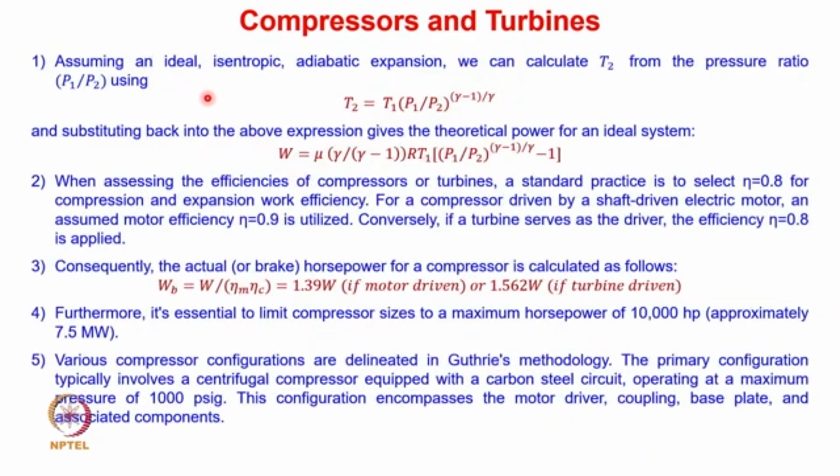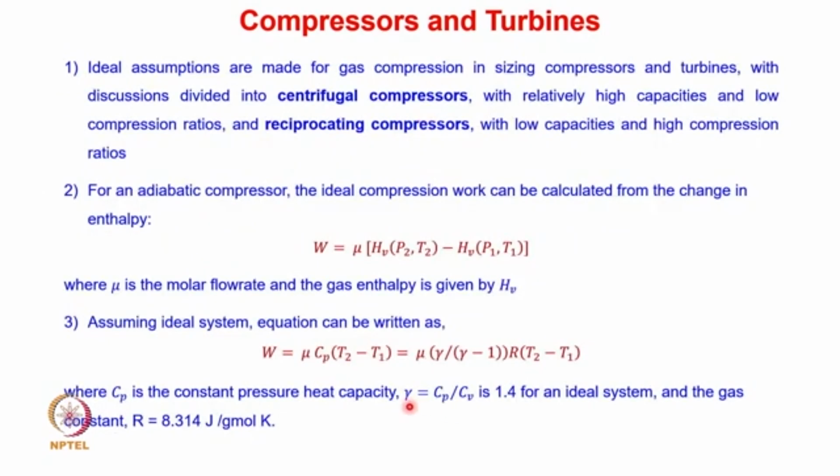Assuming ideal isentropic adiabatic expansion, we can calculate the temperature T2 from the pressure ratio using this equation: T2 divided by T1 is given as (P1 by P2) raised to the power (gamma minus 1) divided by gamma. Remember, in the last slide we said that gamma is Cp by Cv, which equals 1.4.